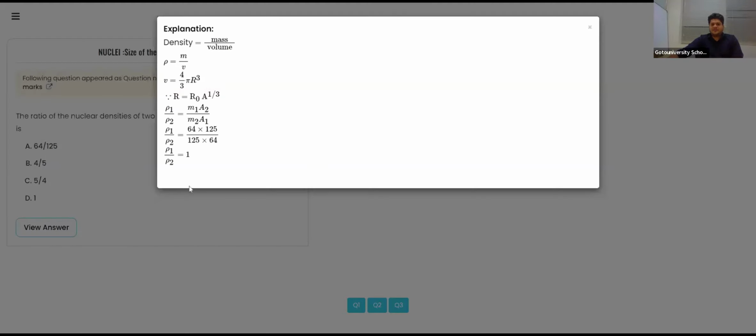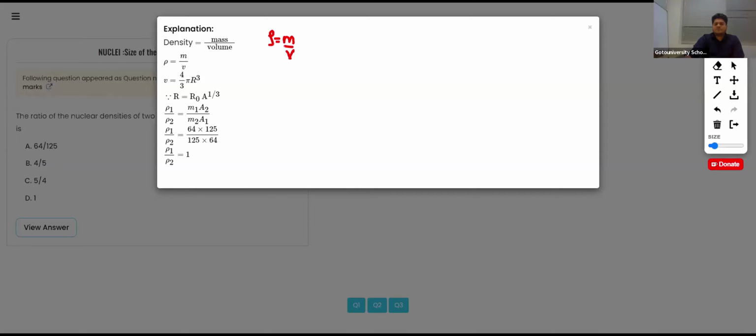So density will be equal to, see here we have the solution. We have the formula for density. Density will be mass over volume. We have derived this now. So if two masses are given, we have to find the densities. See, this is mass number, not mass. So in place of volume, what can you write? 4 upon 3 pi r cube.